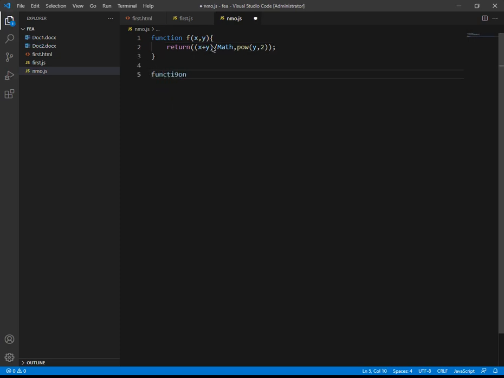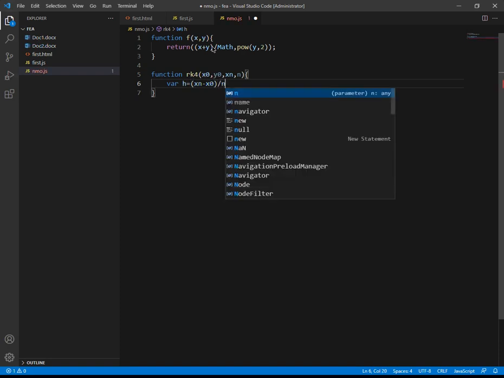Now I can create a function called as rk4, requires x0, y0, and I require xn, and I require number of steps to be performed. So I will calculate the value of h as xn minus x0 divided by n.